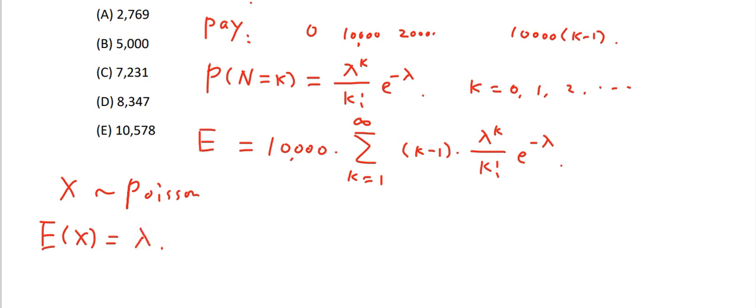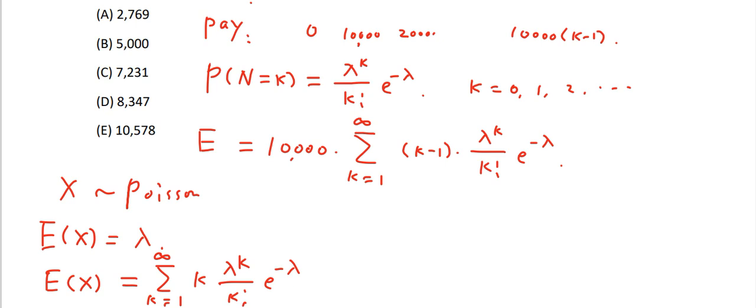So we just use this. x equals this summation of k times lambda to the k over k factorial times e to the negative lambda, k starting from 0 or from 1. So we know this equals lambda.